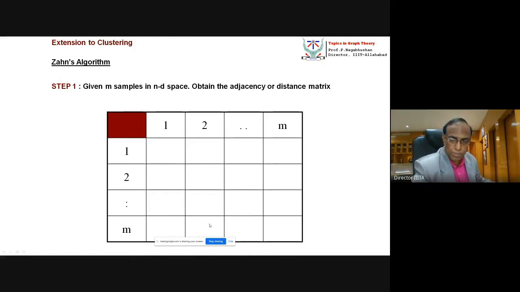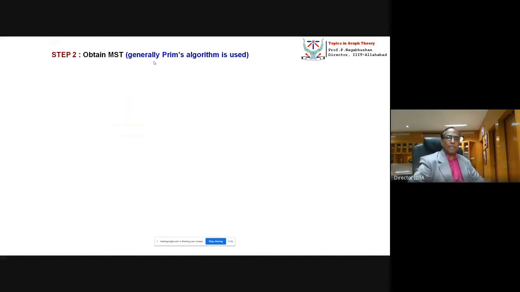Then using this complete graph, construct a spanning tree using Prim's algorithm or Kruskal's algorithm. Construct a minimum spanning tree. The minimum spanning tree still connects all vertices. In other words, all samples in the population are still connected.